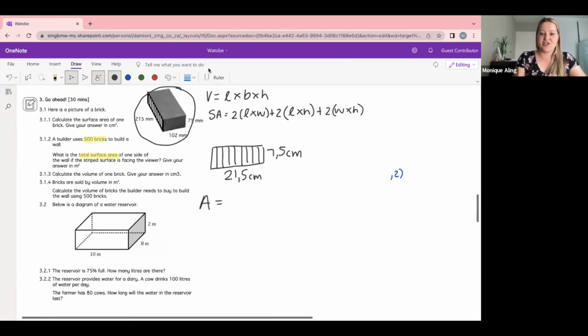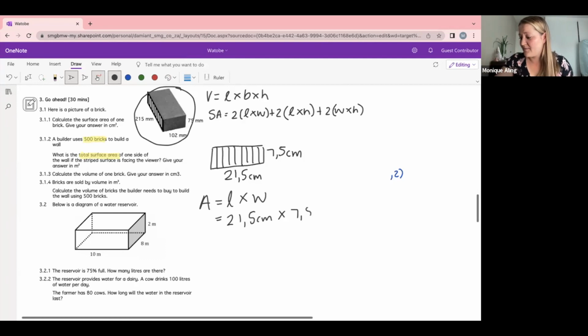Okay, I see in the chat: area of a rectangle is length times width. So I've got my length times my width.